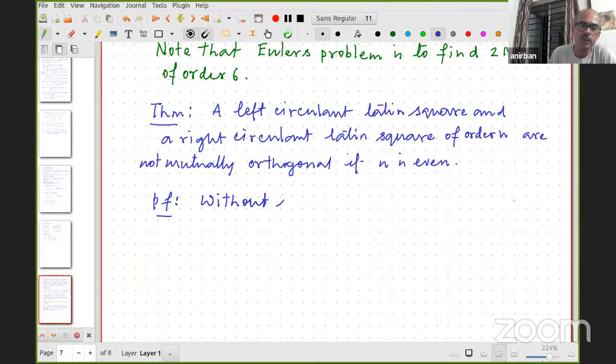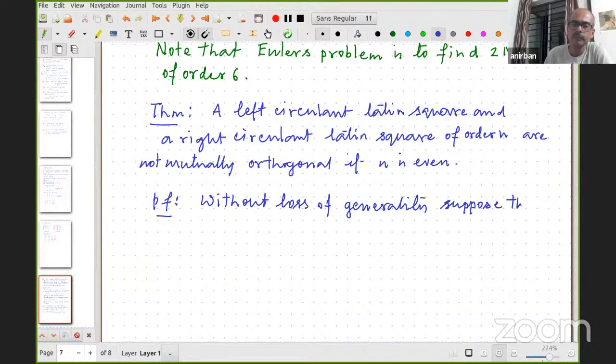Suppose A equals Zn, written like 0, 1, and so on.